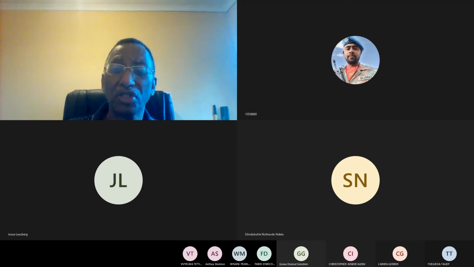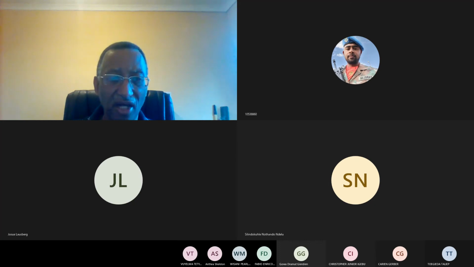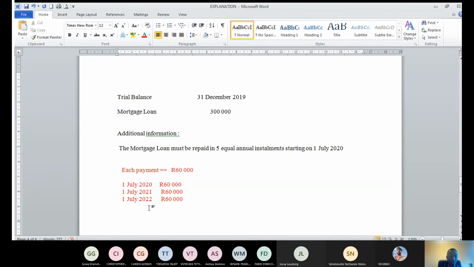So when you do your statement of financial position, and you are going to indicate what are your liabilities, then you will state now, as far as this example is concerned, under the heading non-current liabilities, that you have got a mortgage loan, but the value of your non-current liabilities will be 240,000 rand.